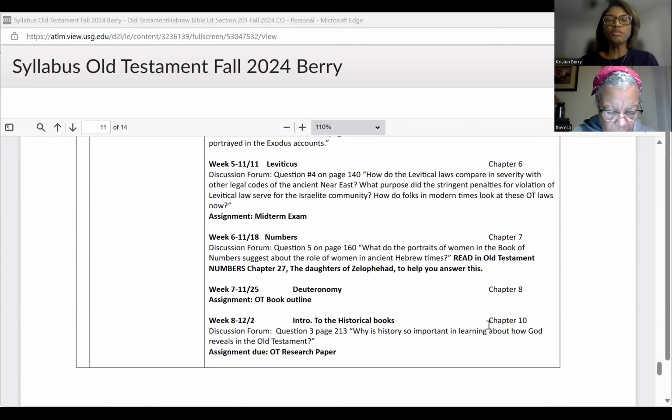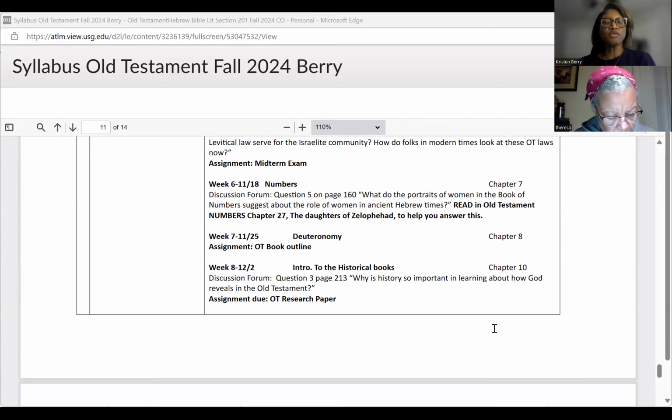Week 6 will be in Numbers, the book of Numbers, and one of the things we will do that week is look at the role of women in Hebrew texts. Week 7 will be in Deuteronomy. You have an Old Testament book outline assignment. Week 8, because it's an 8-week course and our last week is the final, we will talk about the historical books, where I'll try to merge a lot of that in that week.